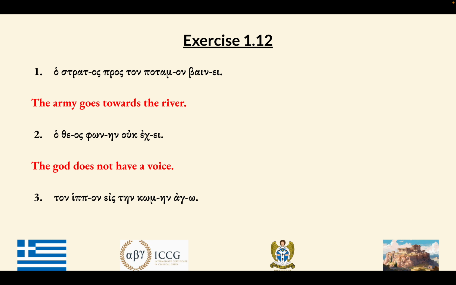Number 3, ton hippon eis ten komen ago. Again, be careful here. The first words, ton hippon, are accusative case, so they are not the subject. The subject is contained within the verb at the end, ago, because ago means I lead. So that means the subject is I. I lead the horse into the village.